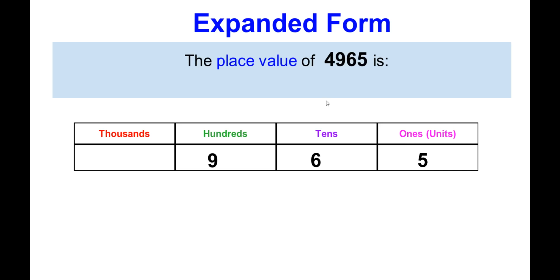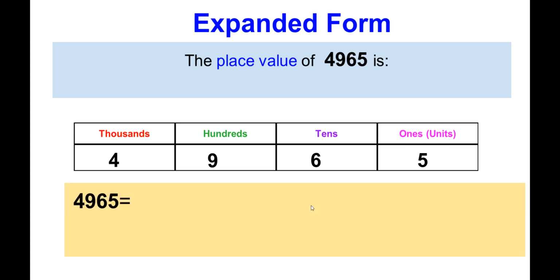And how many thousands? 4. Now we can proceed to do the expanded form. 4,965 equals 4,000 plus 900 plus 6 tens, which makes 60, plus 5. This is the expanded form of 4,965.